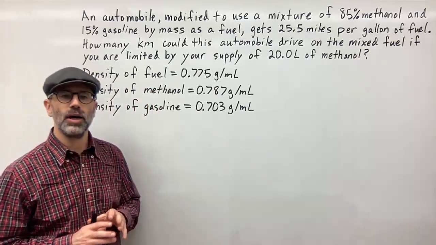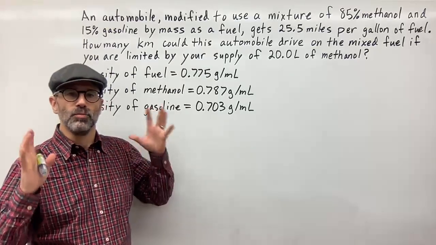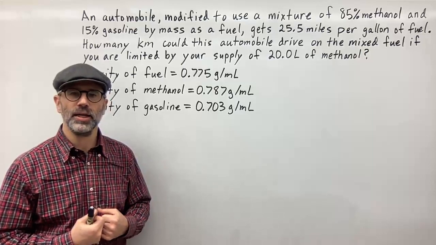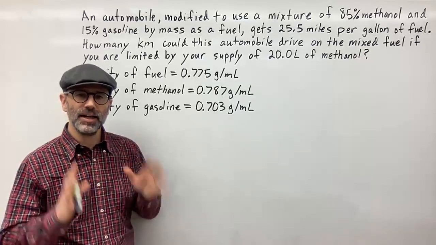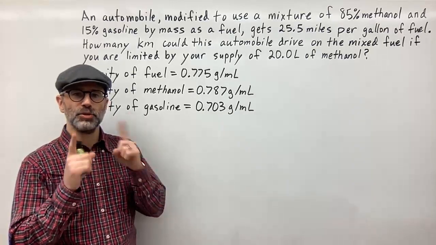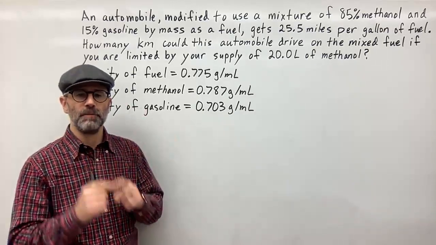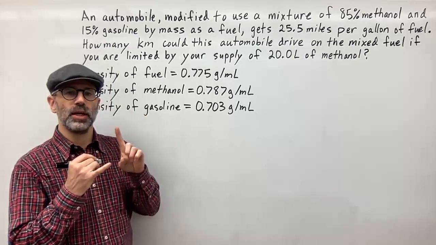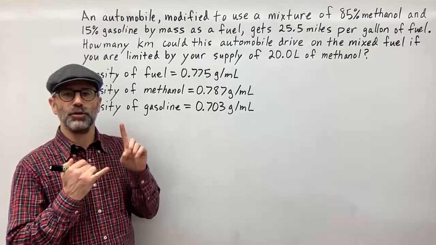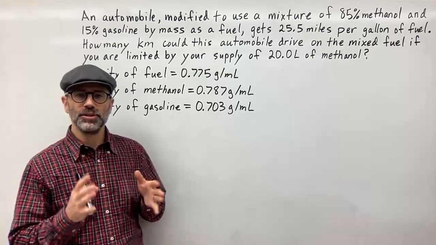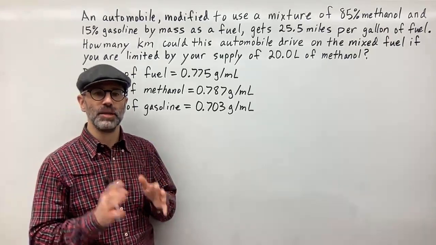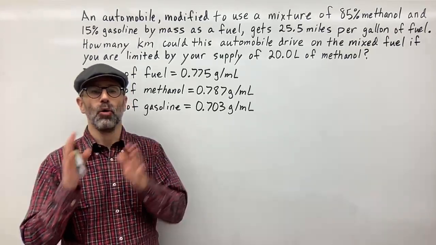First thing you want to do in a problem like this is to pull out the information and locate and identify conversion factors. That's going to be relationships between two things. The two main ones are going to be percentage and density. If you're given a percentage, remember that percent means out of 100, per 100.